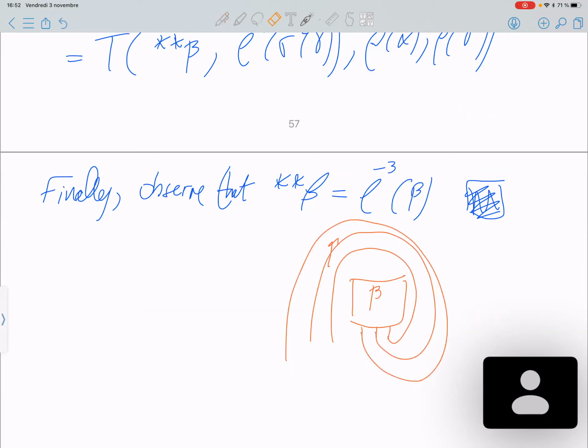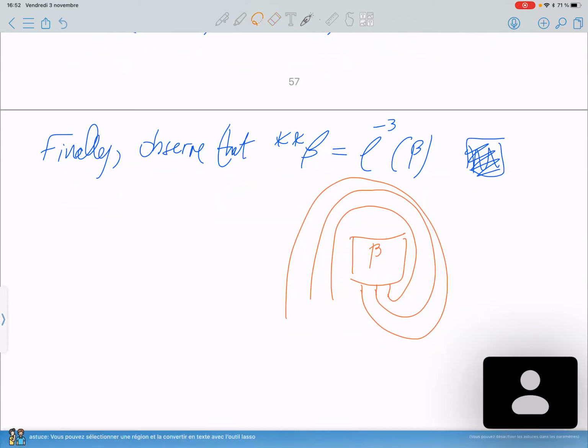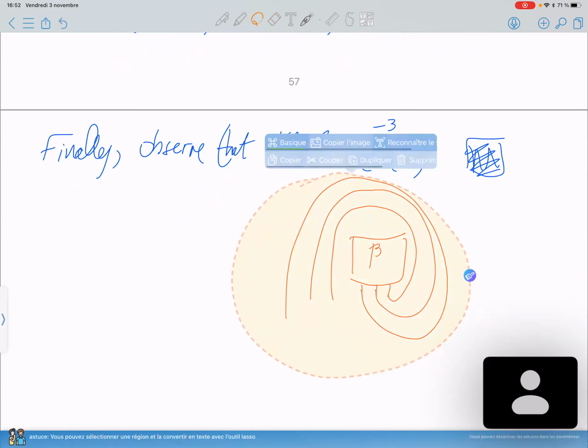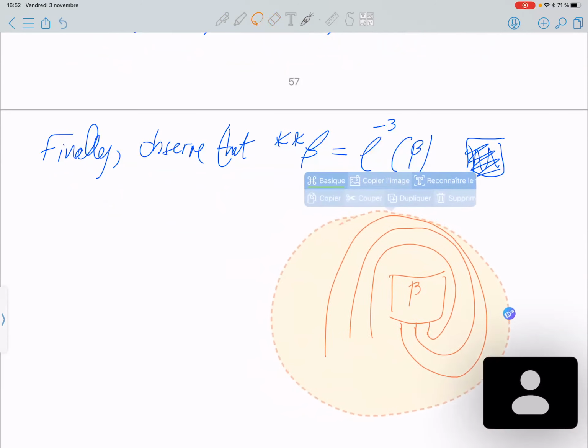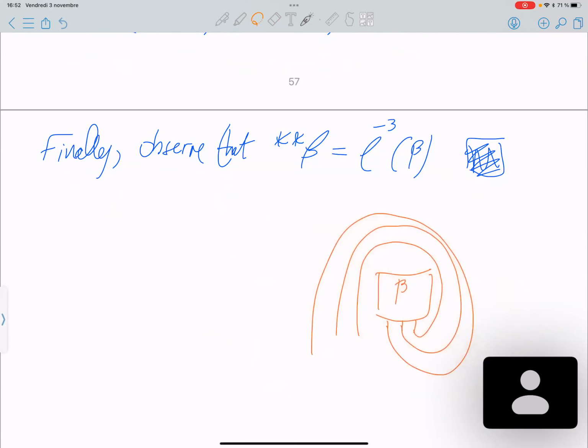Let me do this. So let me go like that. This is equal to that, and this is equal to that.